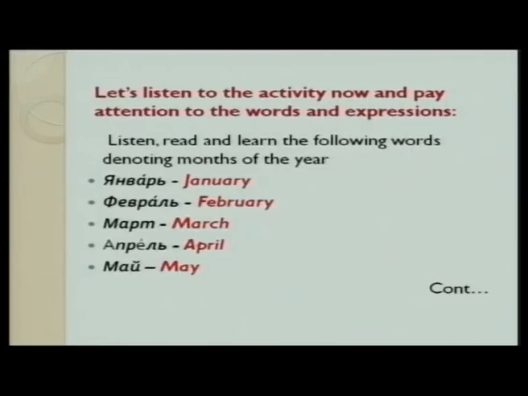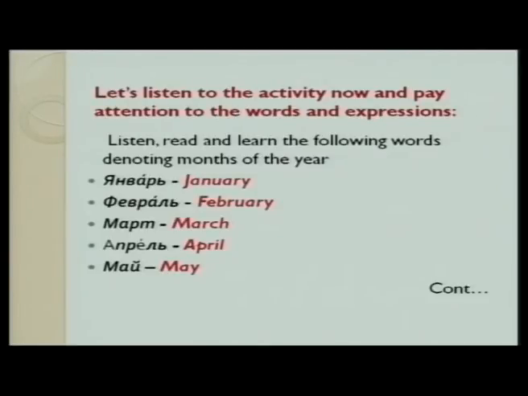Accordingly, in Russian, like we have names of the days of the week, we also have 12 months. All these 12 months in a calendar year are in Russian. Let us learn about them one by one. In Russian, month is called месяц, and accordingly we have 12 months in a year.